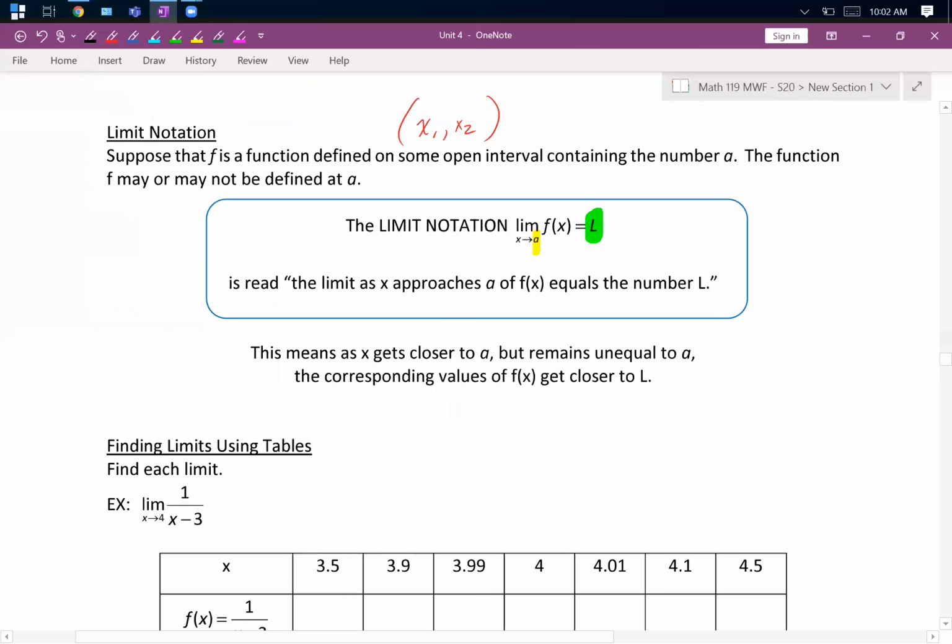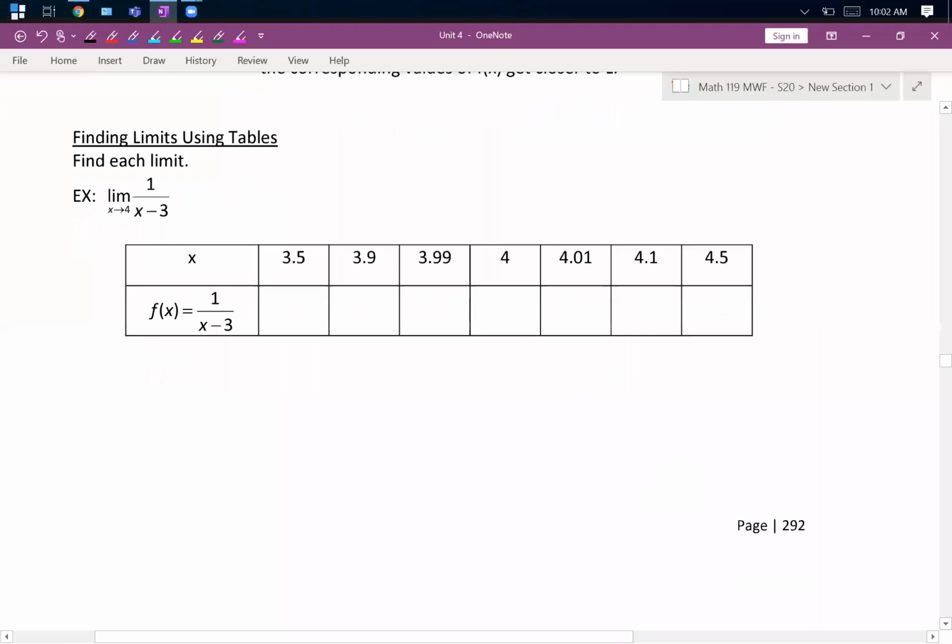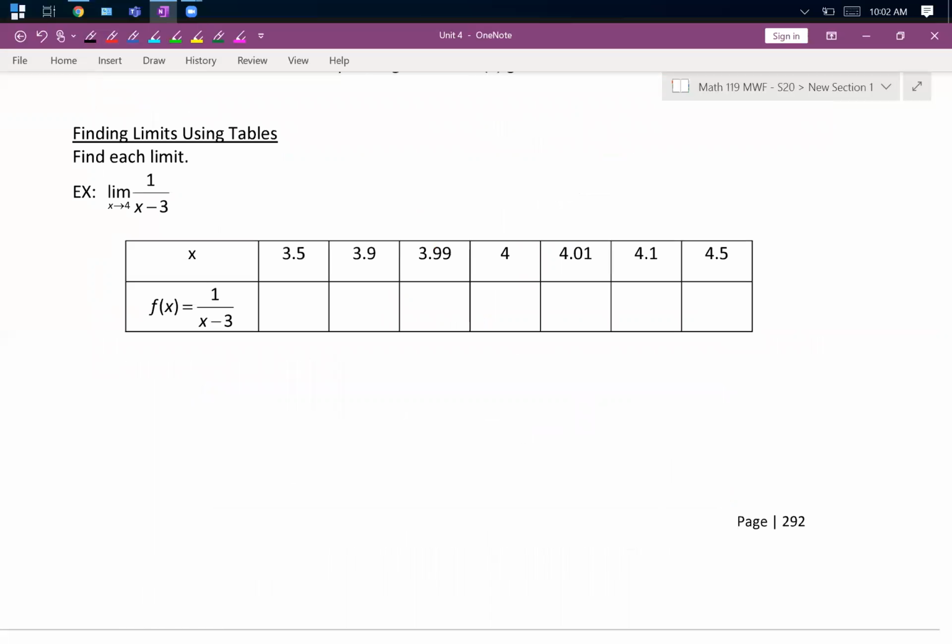Okay, so we're going to find limits using tools. Here, we want to find the limit as x approaches 4 of 1 over x minus 3. I know our function's defined at 4. It's undefined at 3. I did not make a typo here.